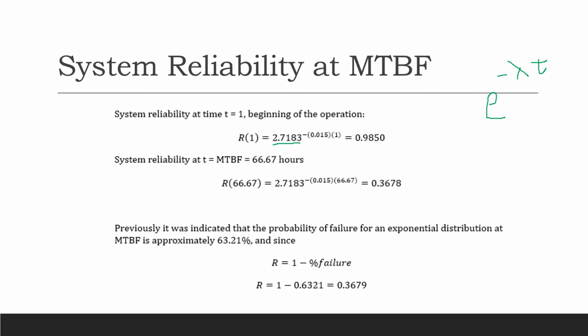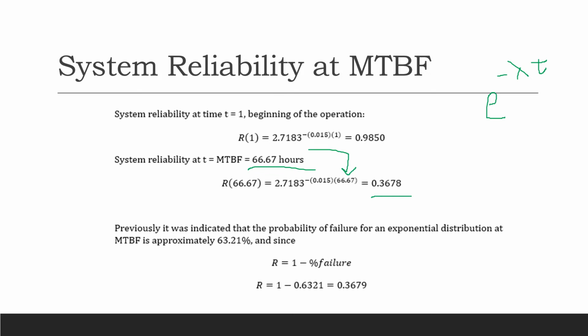System reliability. What about when we get to the failure time, which is the mean time before failure, 66.6 hours? We're using the same example. If you run your system all the way to the failure point, you're going to have only 36.78% reliability.